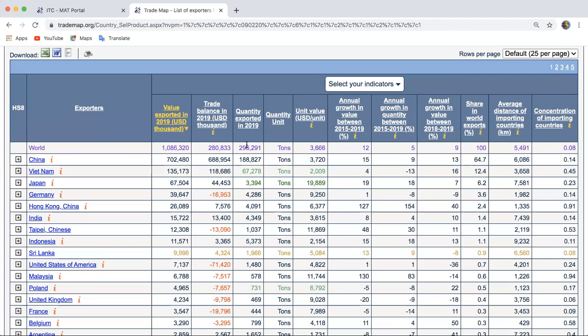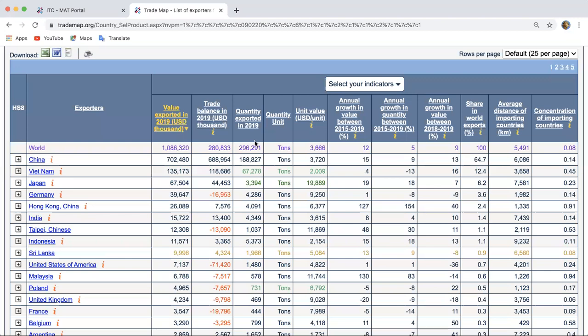In this case, it's tons. So we can see that there was 296,291 tons exported in 2019. So these two are actually linked to each other, because on one hand you have the value exported, and on the other hand you have the quantity exported.